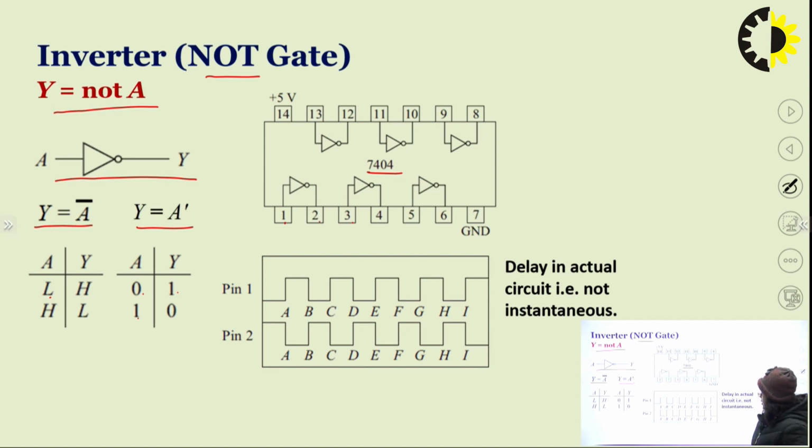If we talk about the timing diagram, for pins 1 and 2, if we supply 0 at pin 1, we get 1 as output at pin 2. So, the input at pin 1 is reversed at pin 2.